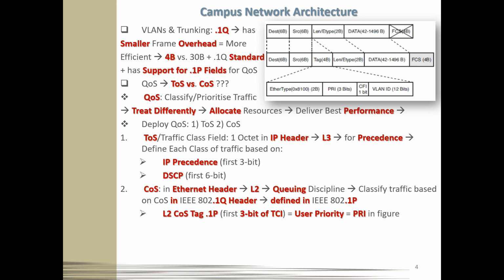This is because we have an 802.1q tag of 4 bytes, and the resulting Ethernet frame can be as large as 1522 bytes, because the maximum for a normal Ethernet frame is 1518, and with the 4 bytes tag we can have as large as 1522 bytes Ethernet 802.1q tagged frames.